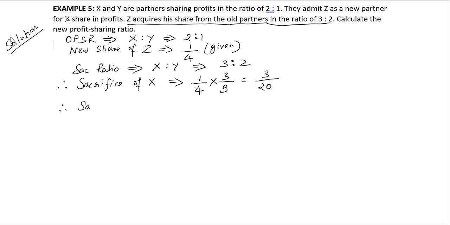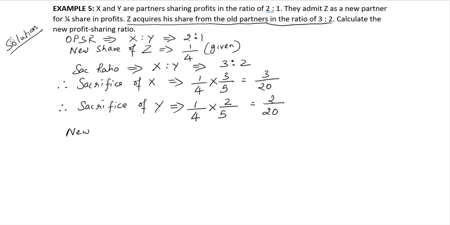Similarly, sacrifice of partner Y is equal to the total sacrifice of X and Y, which is 1/4, multiplied by the sacrifice ratio of Y, which is 2 divided by 5. And this comes up to 2 divided by 20.